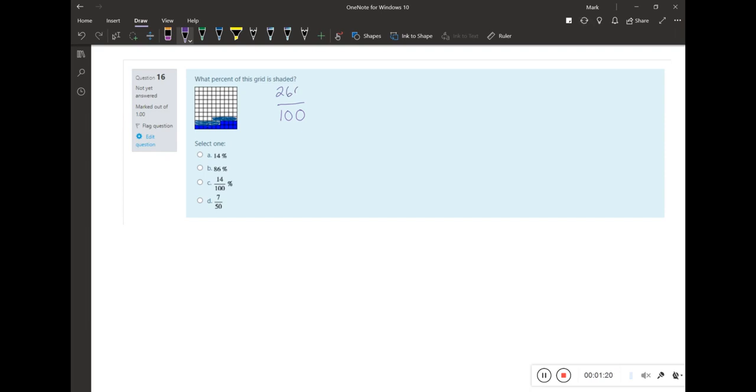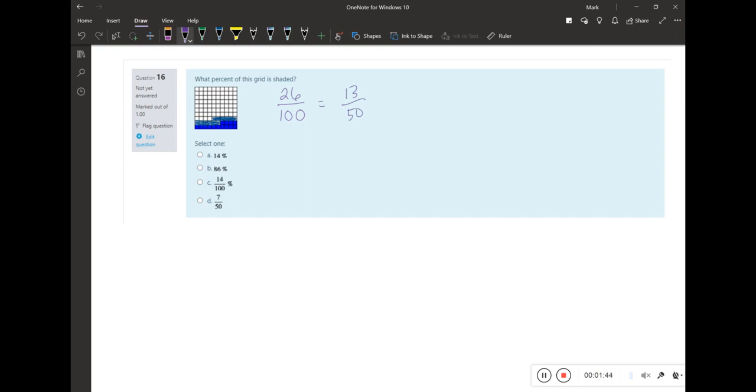So 26 out of 100. And remember, we can always reduce those down. If 2 goes into both of them, we could say that's 13 out of 50. We can't reduce any further because 13 doesn't go down. But 26 out of 100.